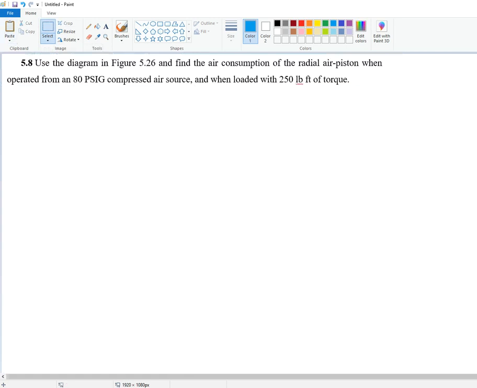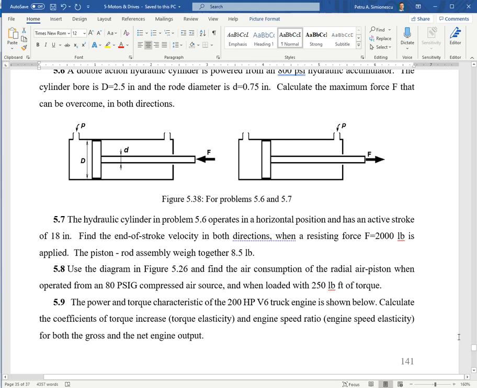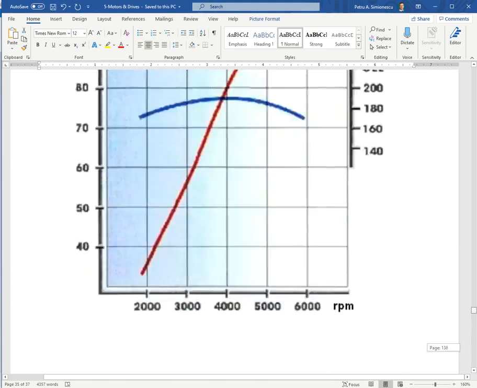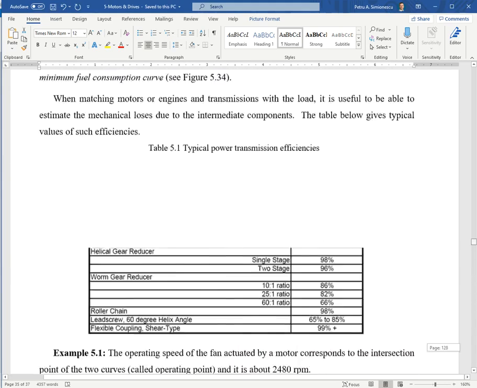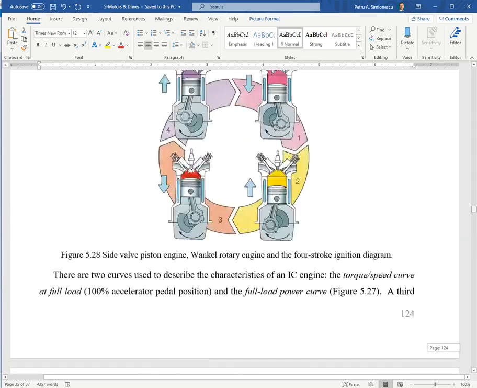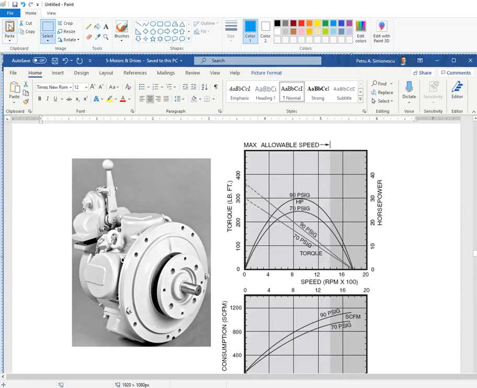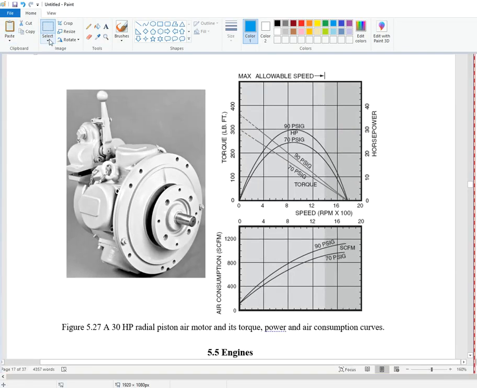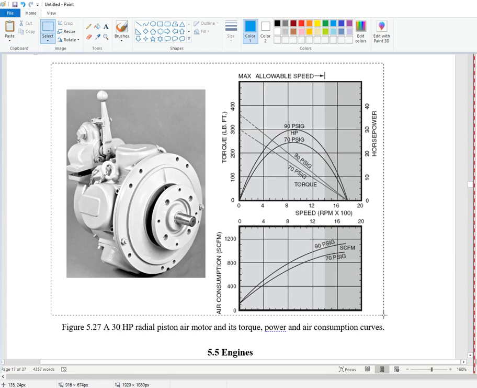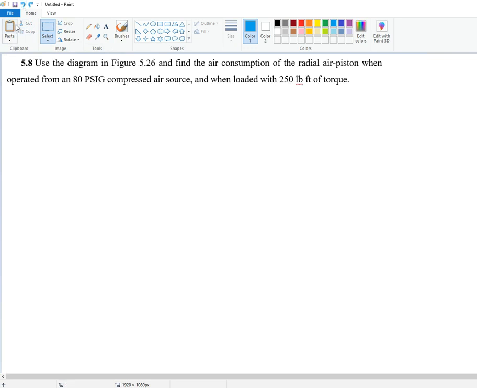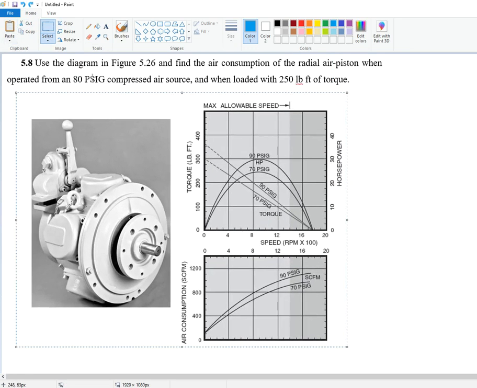Okay, text of the problem, and it refers to the air motor. We had it here. Okay. So print screen again. And okay, and transparent selection.